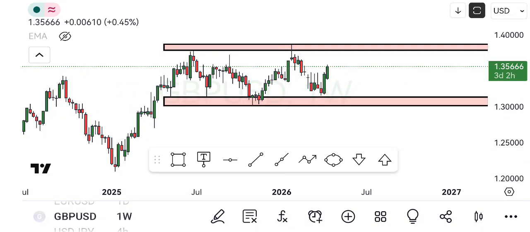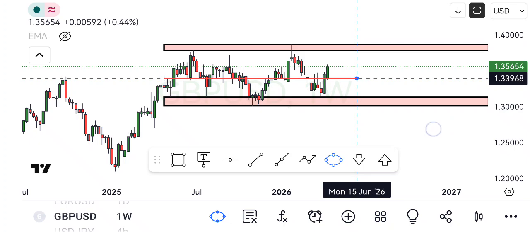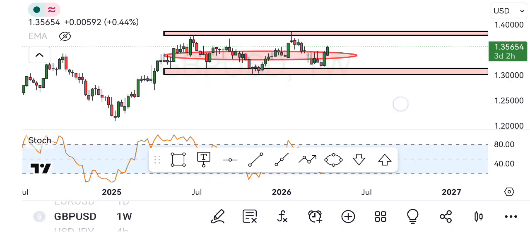Keeping things simple, right? Buy support, sell resistance, trade in the direction of the trend. Looking at the weekly, I saw that the weekly is simply ranging.